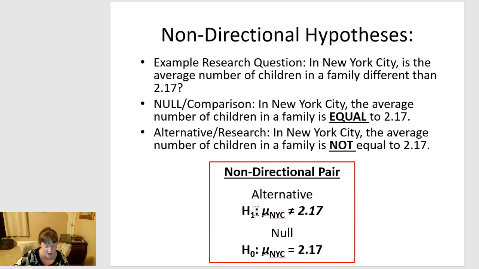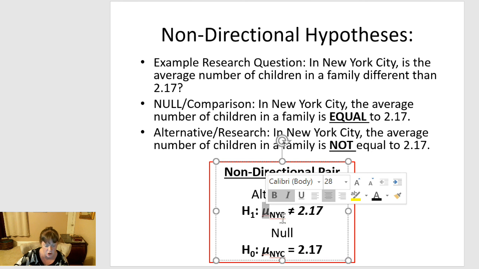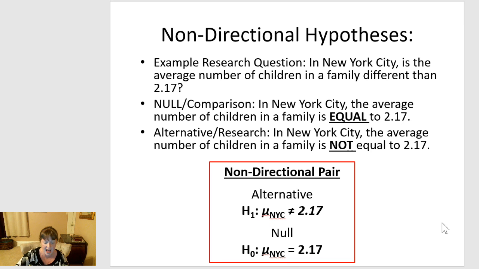So the alternative hypothesis is that the average, mu, in New York City is not equal to 2.17. That is the awesome alternative hypothesis. What you really think is going on, that in New York City, the mu for the average number of children is something different than 2.17.